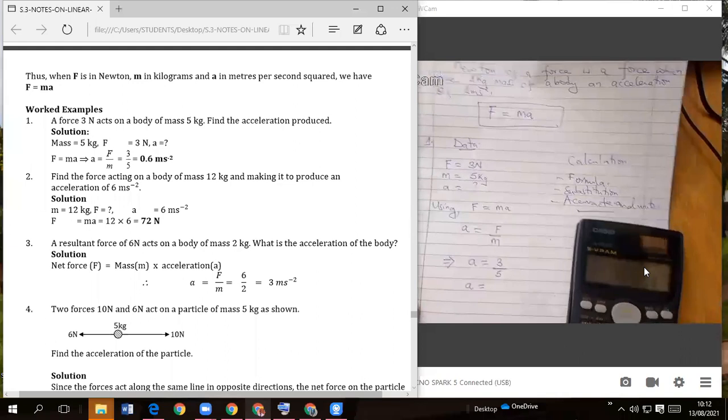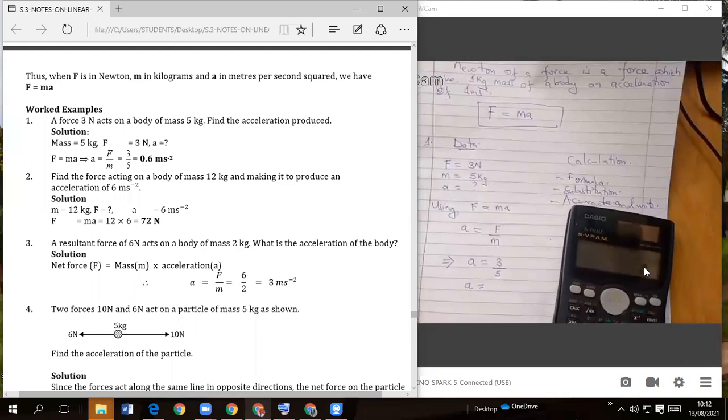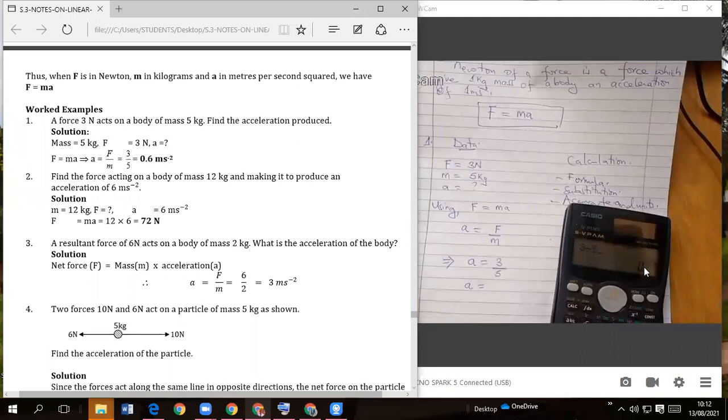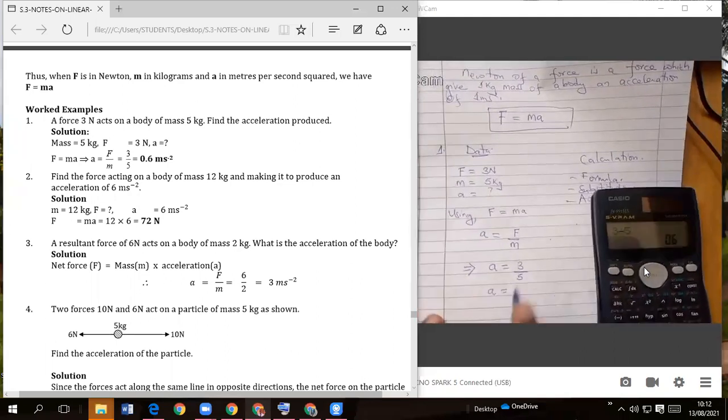We don't have that calculator, so use what is on my screen. 3 divided by 5, we get 0.6.